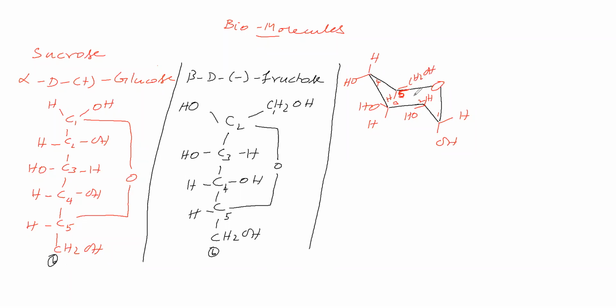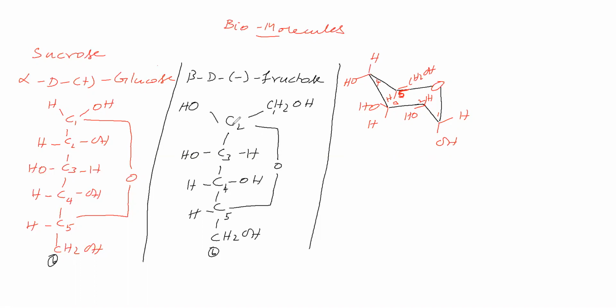So next we will go for beta D minus fructose. In the cyclic form of beta D minus fructose, the C2, C3, C4 and C5 carbons, 4 carbons, are with oxygen. The C2 carbon is linked with the C5 carbon through oxygen, an ether linkage.